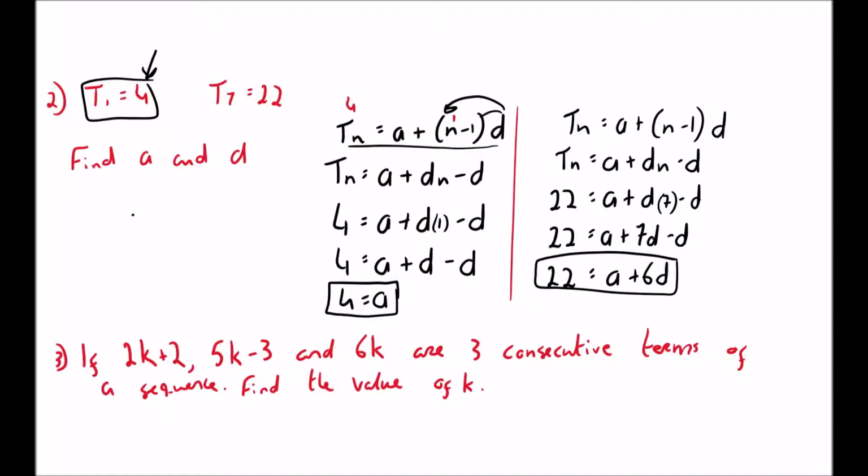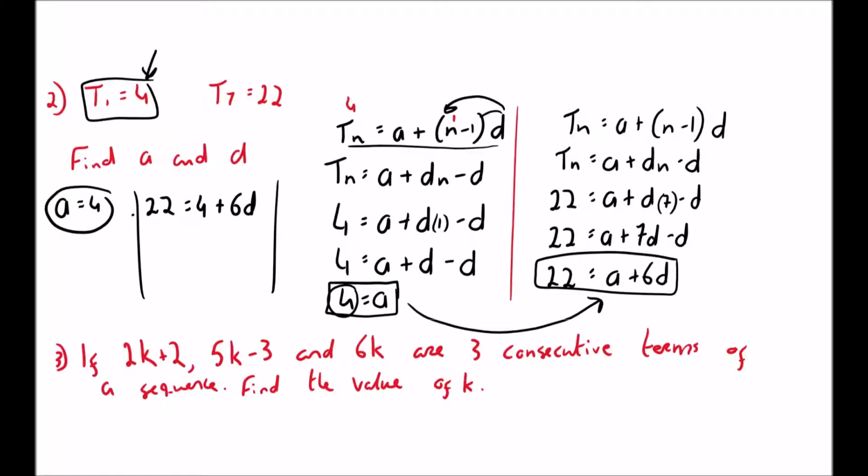We have two equations there. We can find out what a and d is. We already found out that a equals 4, so that's a. And the d then, if we take the 4 and put it in for this a, we should be able to find d. So 22 equals 4 plus 6d.